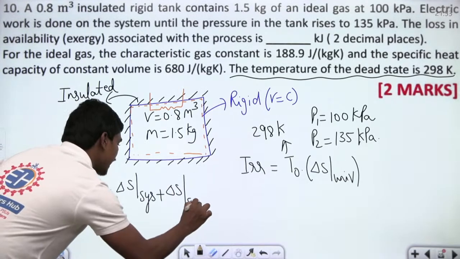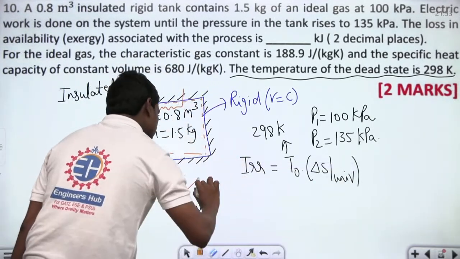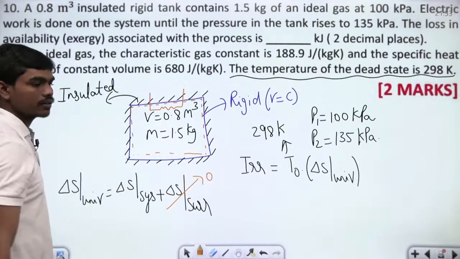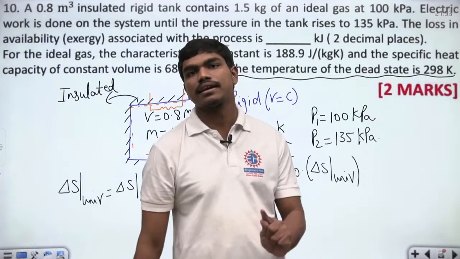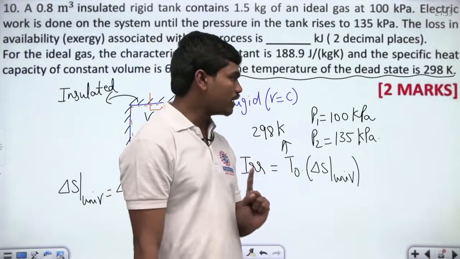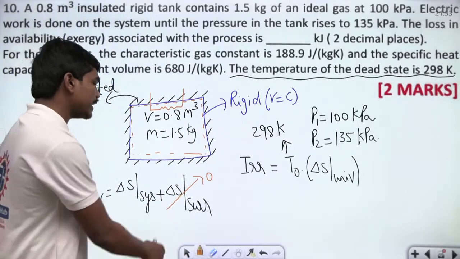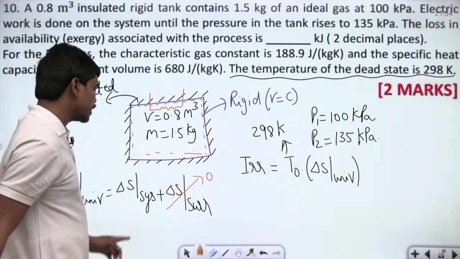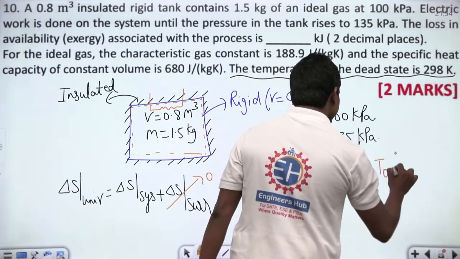But in this case, delta S of surroundings has to be 0 because this system is insulated. Correct? And entropy change is associated only with heat transfers but not work interactions, because work is always an organized form of motion. Correct? So definitely, whenever there is insulation around the tank, there can't be any entropy change of your surroundings. So the only thing is this can be written as T naught into delta S of system in this case.